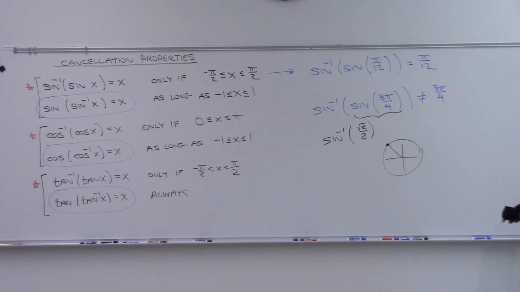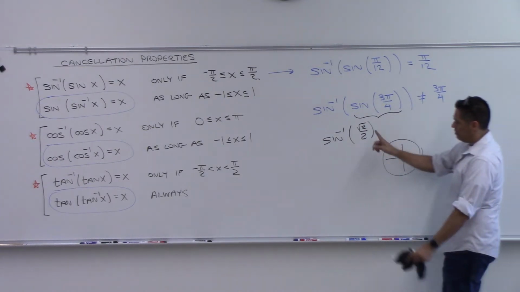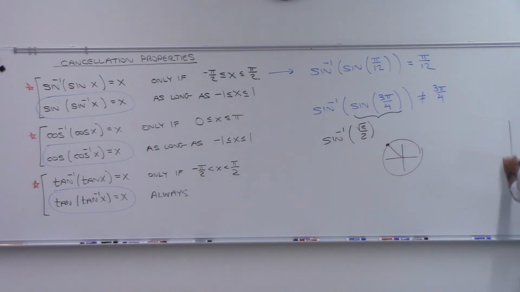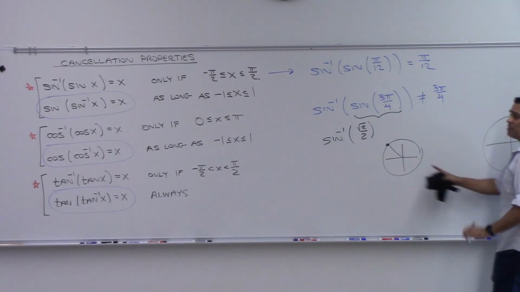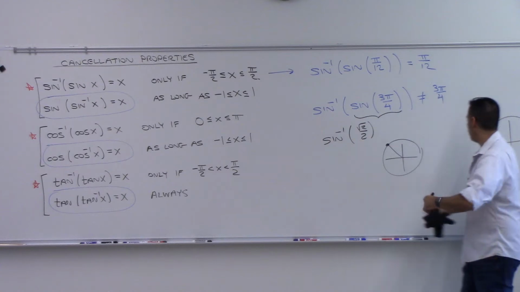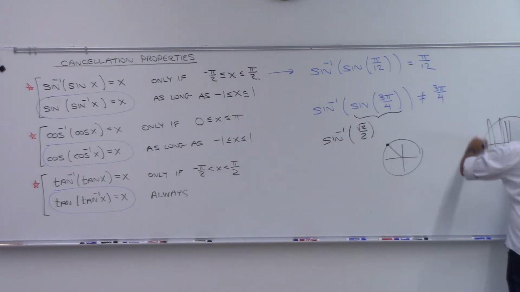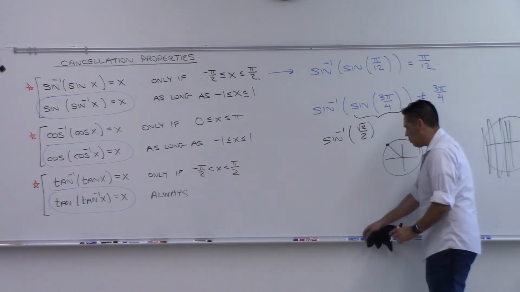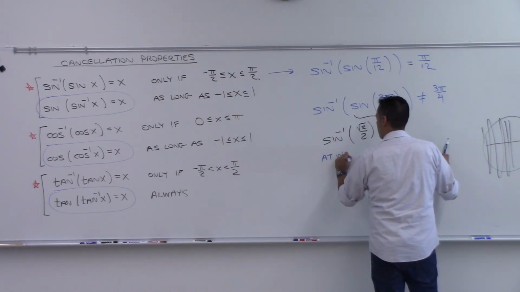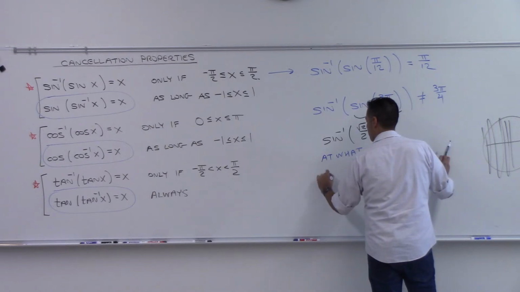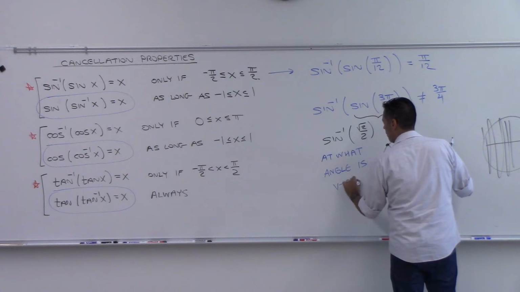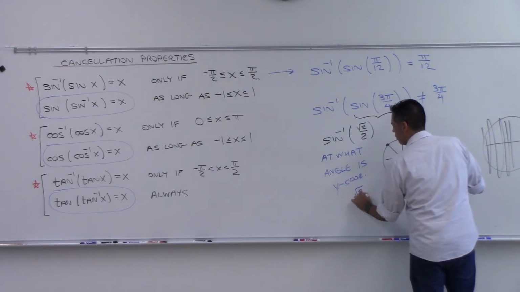And now you start the whole problem over. Just imagine I gave you this problem, right? So you would start by saying, all right, I'm talking about the inverse sine function, so I must restrict the domain. I'm not allowed to look over here anymore. And this is asking me the question, at what angle is the y coordinate root 2 over 2?